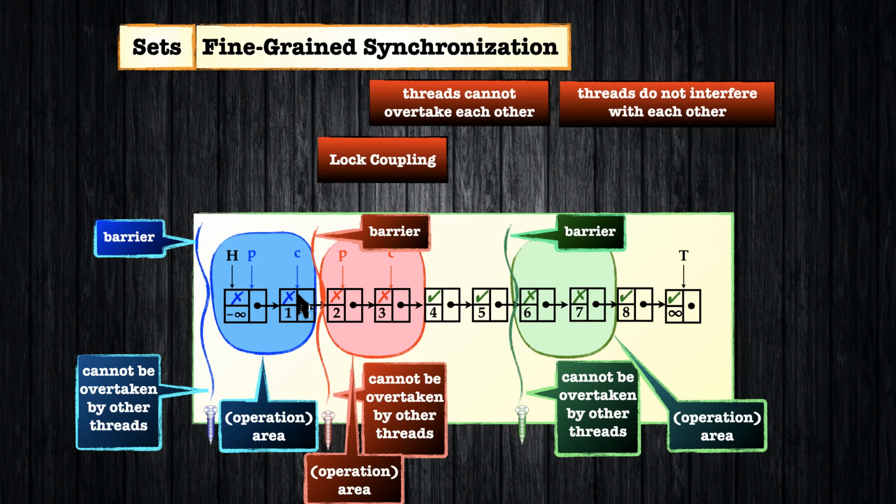You will not lock all the cells. You see that in this algorithm, all the threads have to lock and unlock a large number of cells. And in fact, locking and unlocking is a costly operation. So you would like to reduce the number of lock acquisitions and releases that you are performing in order to reduce the cost.